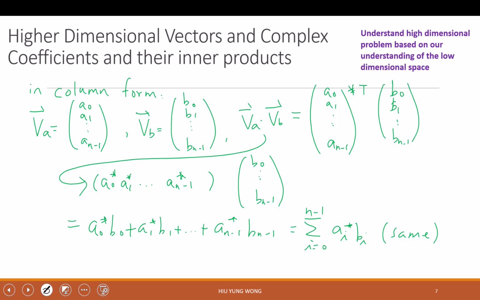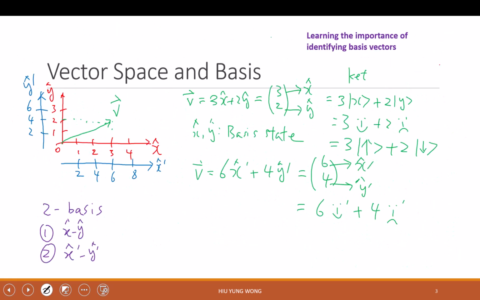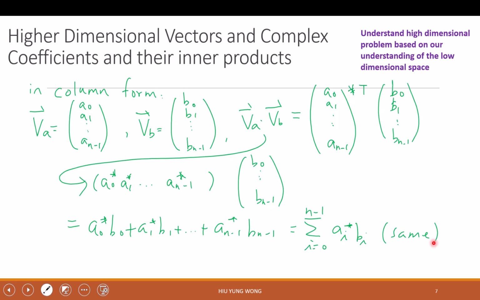Any questions? Okay, so it's good if you understand everything. But in the worst case, you need to know how to do the inner product of these two vectors. That is a must. And why we have this, the best is you really understand, so you can connect it to your real life experience. That would be the best.